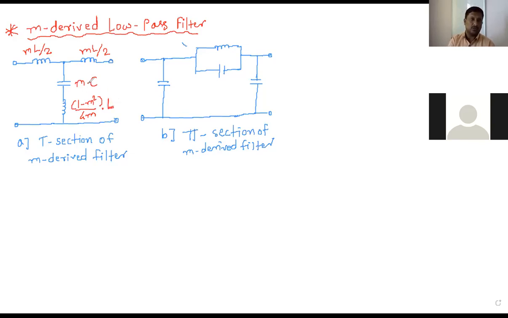So you have to check the values and the names of these component values. Now here the capacitor is there, so C by 2, and only the M factor you have to multiply: M C by 2.